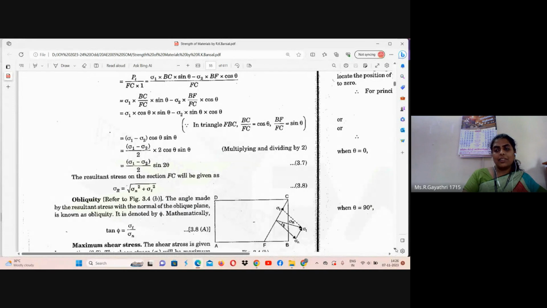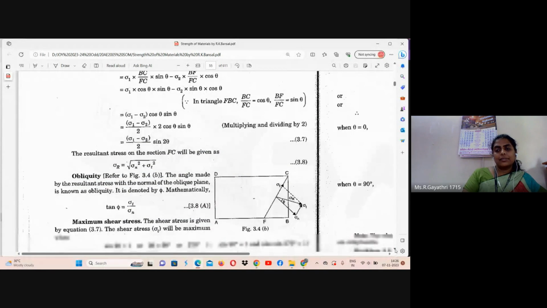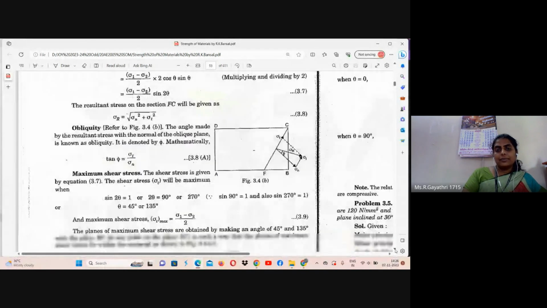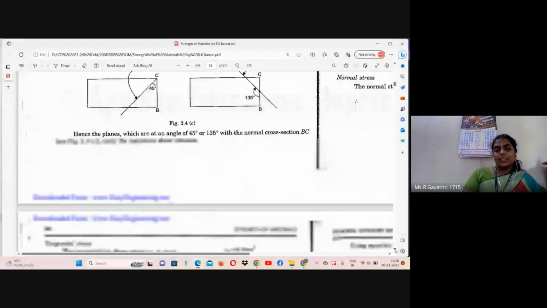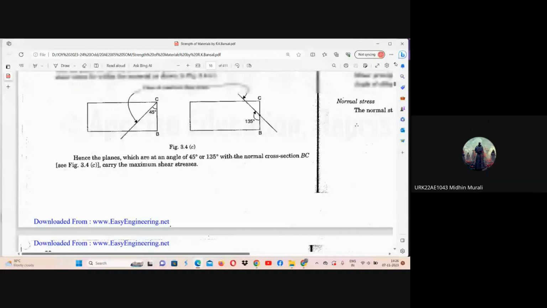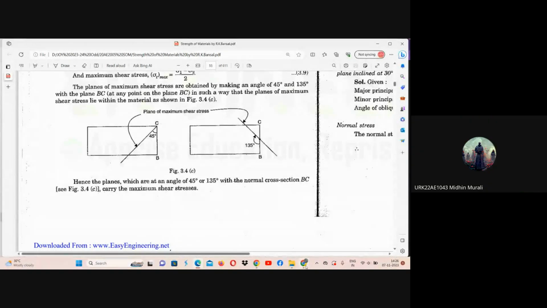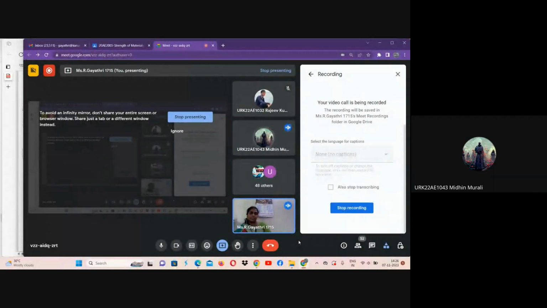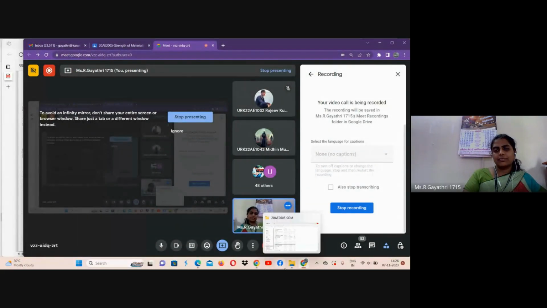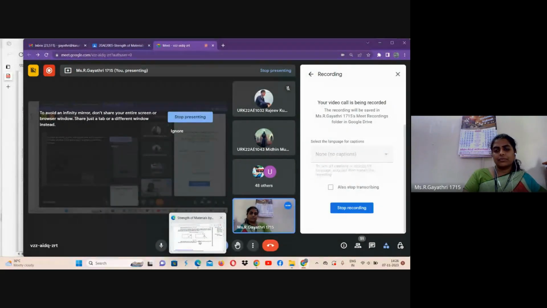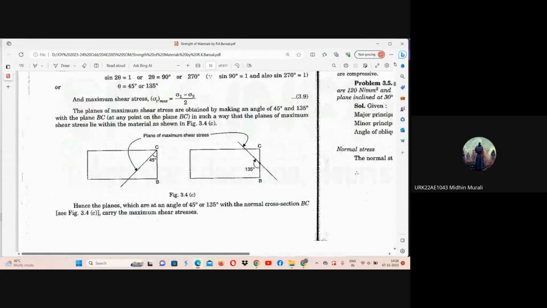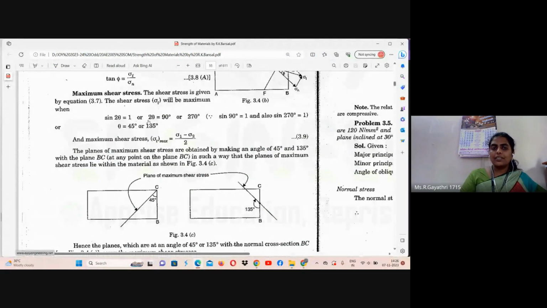Sin 2 theta is equal to 1 means theta value will be 45 degree or 135 degree. Sin 2 theta is equal to 1. So 2 theta is equal to 90 degree or 270 degree. Theta value will be half of this value, 45 degree or 135 degree. Okay, this is the condition of maximum shear stress.